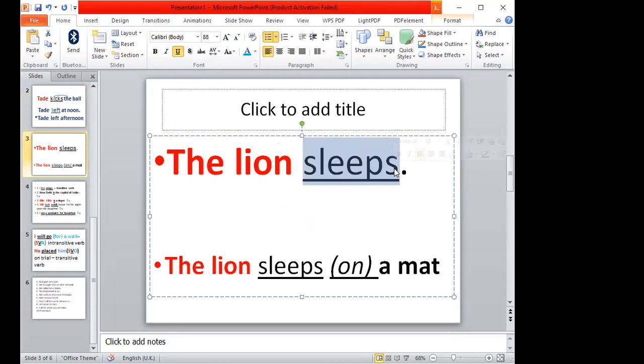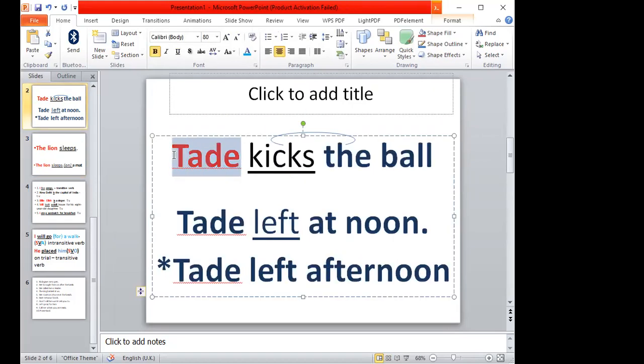It existed independently within its space. But for this one, we have somebody carrying out an action, and then something receiving the action that has been carried out by someone. So that is basically how you identify a transitive verb from an intransitive verb.